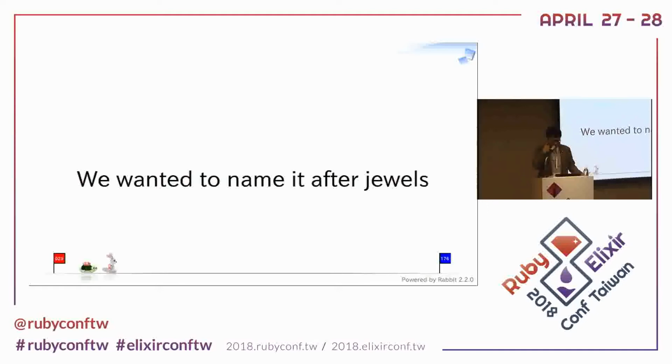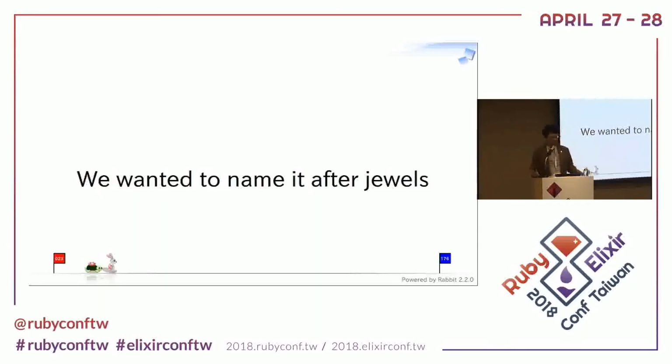Back then, we wanted to name the language after jewels, because we had Perl. I talked with my colleague about my new project. We were going to create my new programming language, but we needed at least a code name for the project. So we discussed the names of jewels, because I wanted to name it after a jewel, like diamond, sapphire, or something.